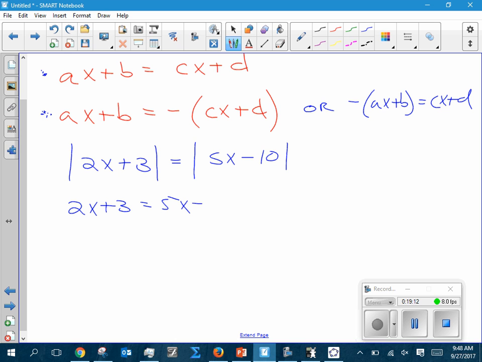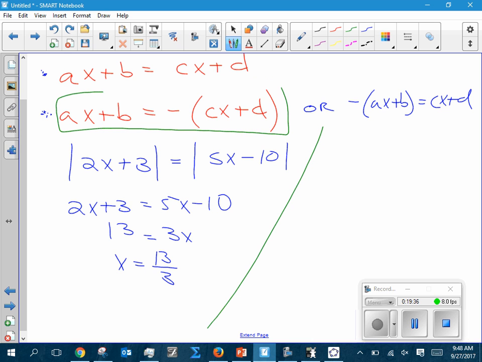So, solving this one, I'll go 2x plus 3 equals 5x minus 10. Obviously, an equation we can all solve, right? 3x equals 13. x is 13/3, 4 1/3. And then the second portion of this, doing that rule, I'm going to have 2x plus 3 equal to the opposite of this quantity.